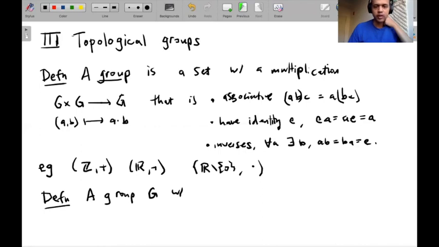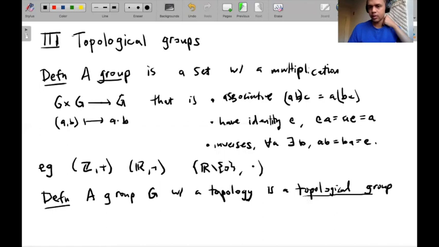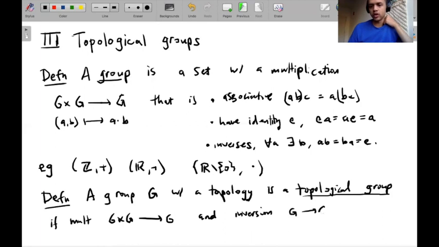A group G with a topology is a topological group if the multiplication and the inversion map, G goes to G, this sends A to A inverse, are continuous.